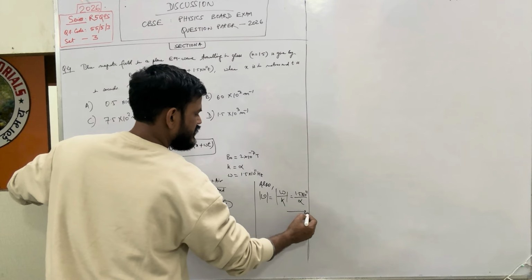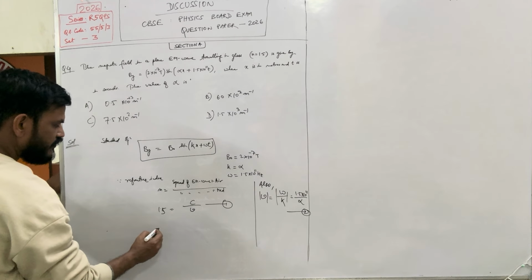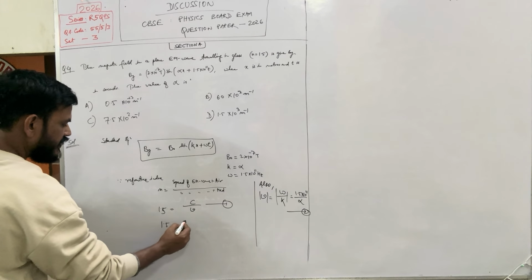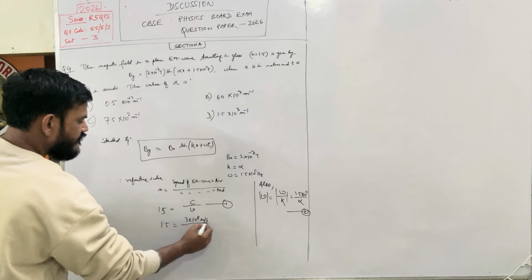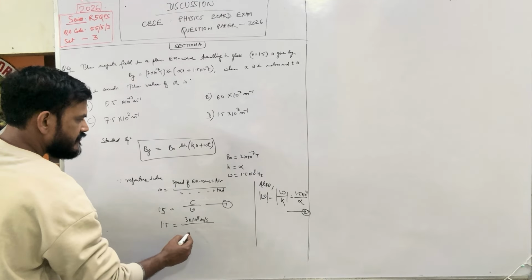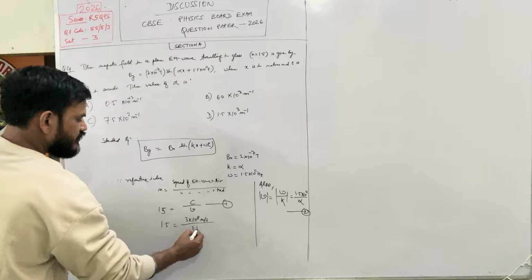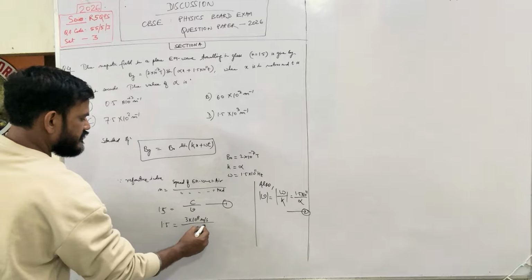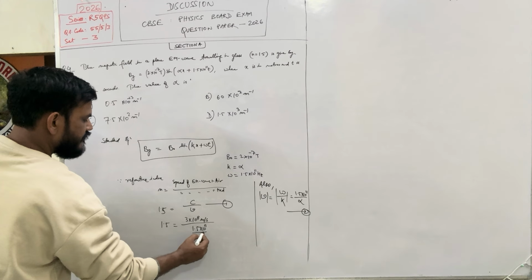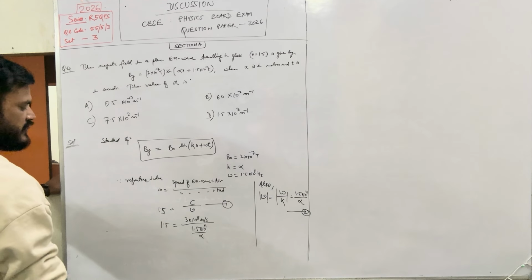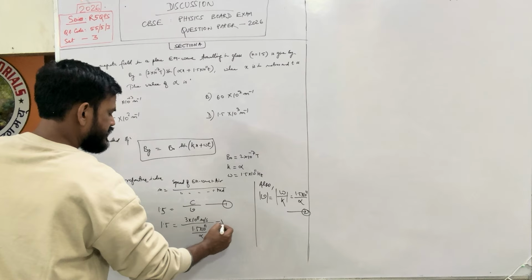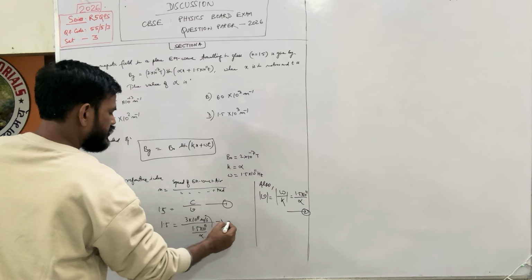So we substitute this value of V here in equation 1. So 1.5 will become 3 into 10 power 8, that is the speed of electromagnetic waves in air, divided by 1.5 into 10 to the power 11 divided by alpha. Solving this, alpha will come in the numerator.